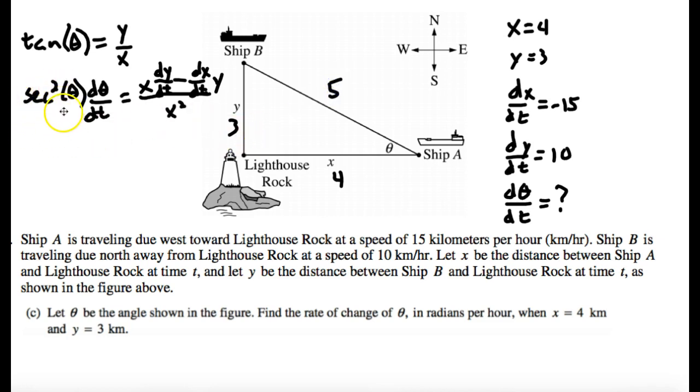So secant is the reciprocal of cosine. Well, cosine of theta, in this case, is adjacent over hypotenuse, 4 over 5. So secant of theta, in this case, is 5 over 4.